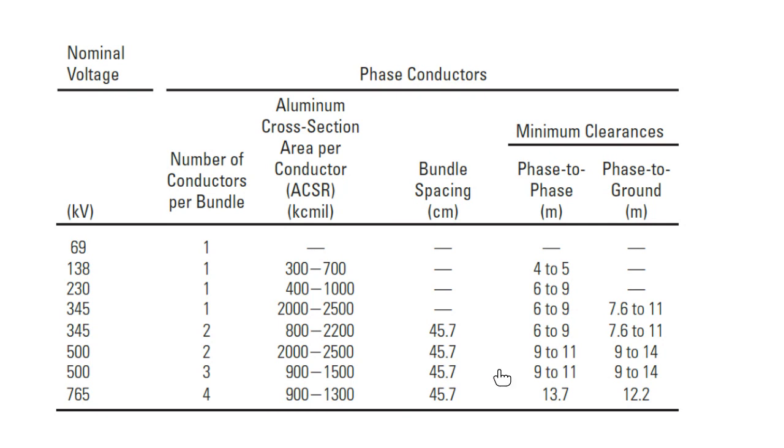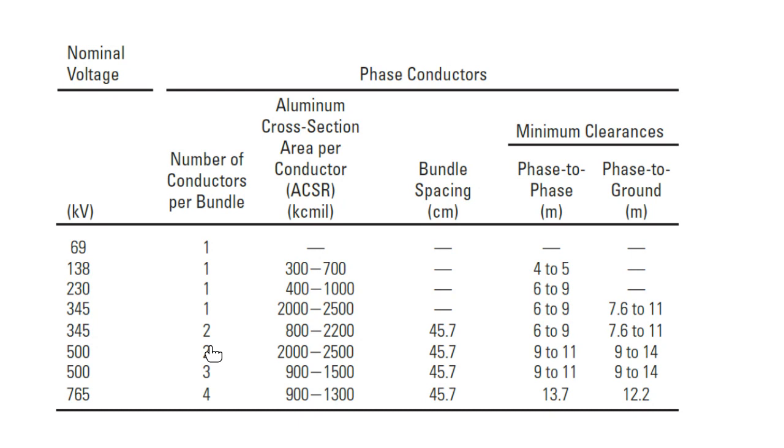When we have more than 1 conductor per phase, we call them bundle conductors, and these come at extra high voltage. Now here in Qatar, at 220 you will see a 2 conductor bundle. At 400 kV you will see a 2 conductor bundle.